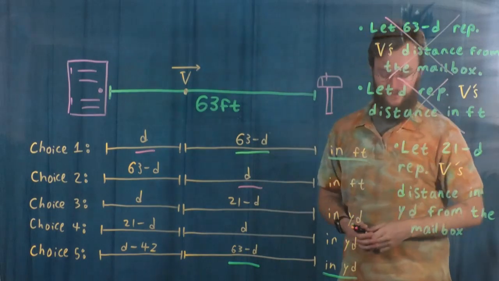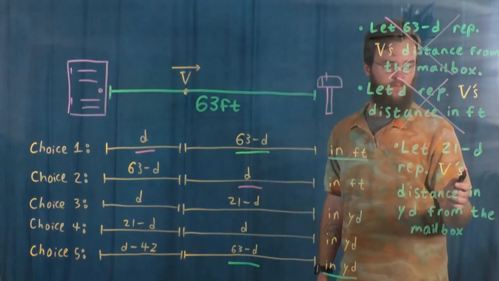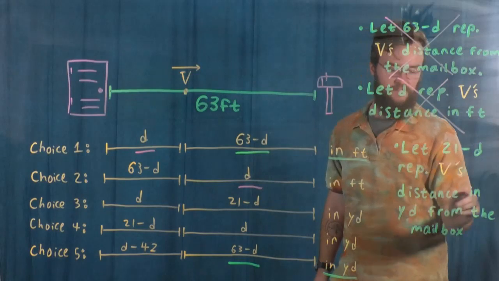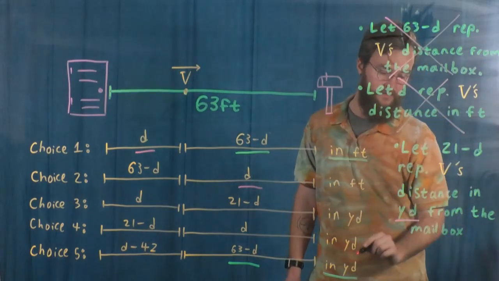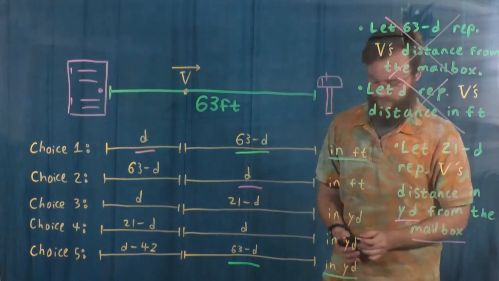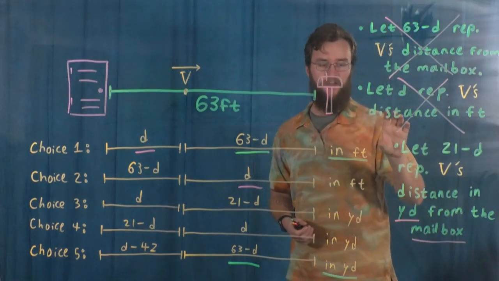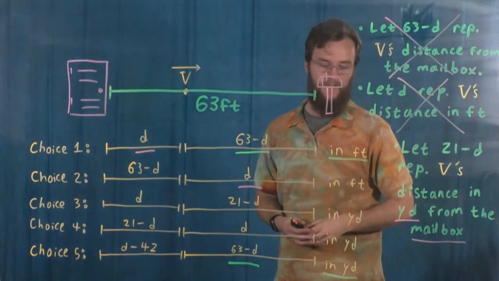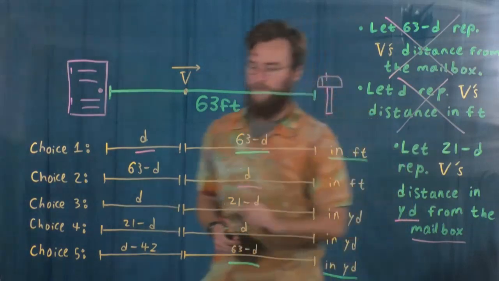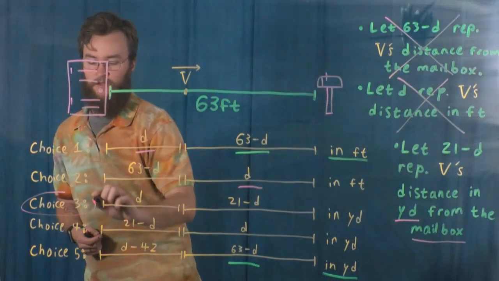And this last one here, let 21 minus D represent Vanessa's distance in yards from the mailbox. Finally, this description does narrow it down to exactly one choice, and that's choice 3 here.